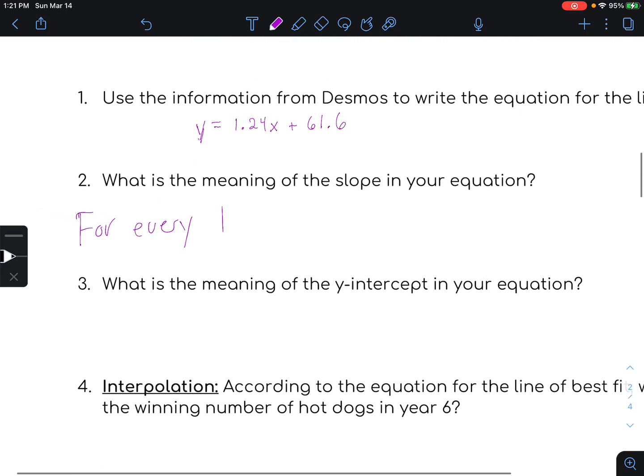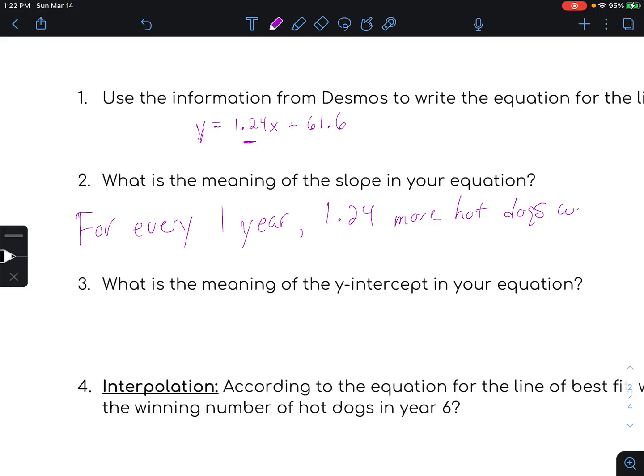So for every 1 year, and then what's the slope? 1.24. 1.24 more hot dogs were eaten by the contest winner. So the number of hot dogs increased by 1.24 per year.